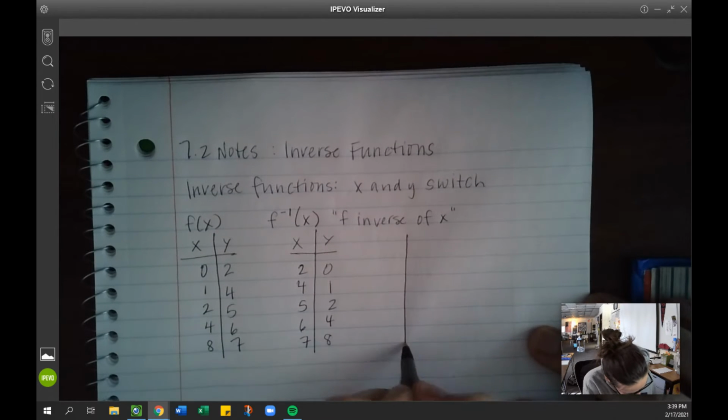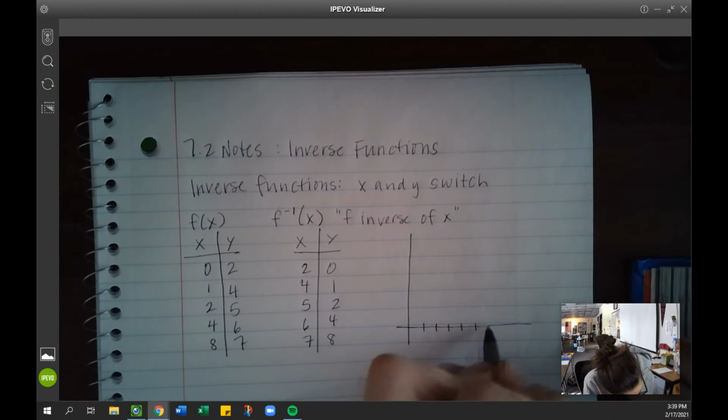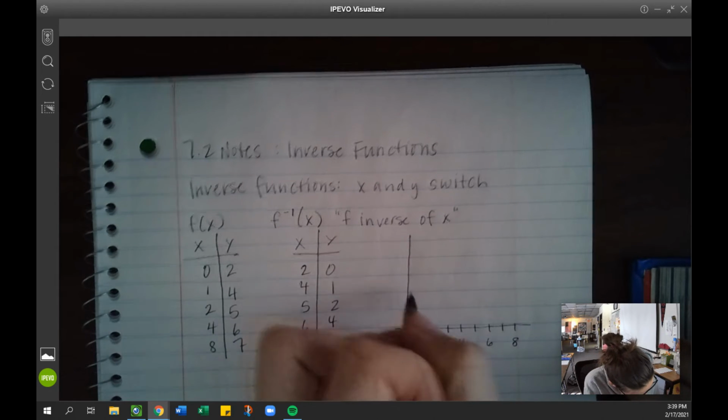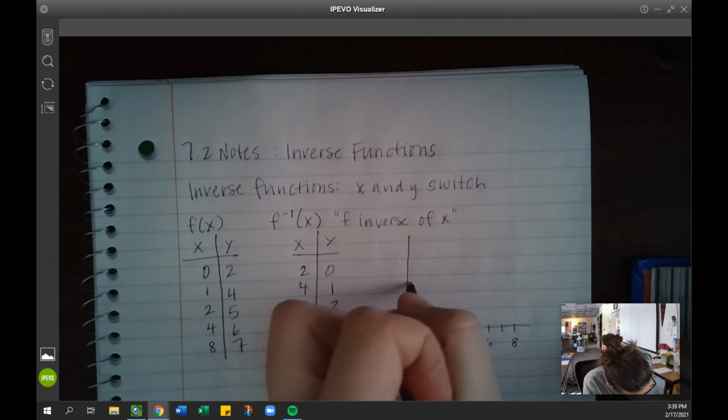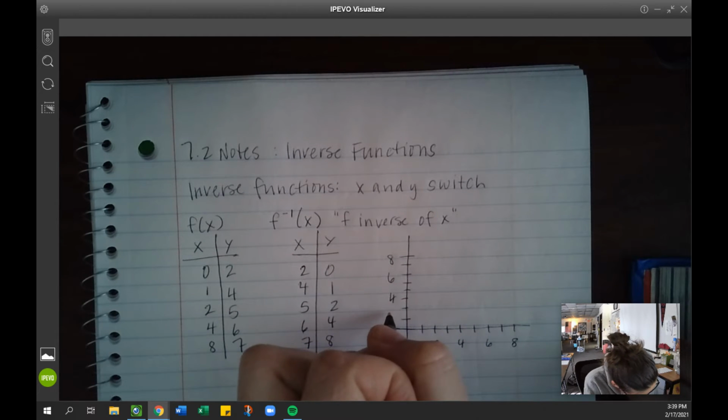So let's just sketch these real quick. So there's 8. Plot these points here. If I can count.